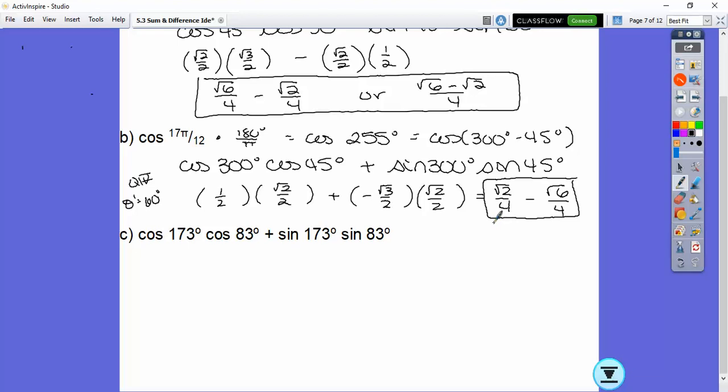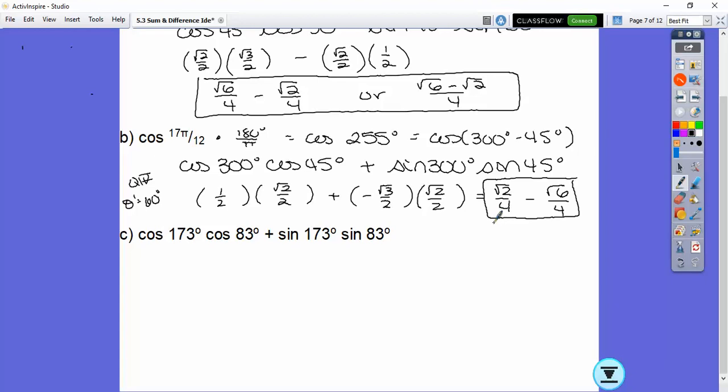Okay, C. Cosine of 173 degrees times cosine of 83 degrees plus sine of 173 degrees, sine of 83 degrees. This one's different. Can I do the cosine of 173 or the cosine of 83?